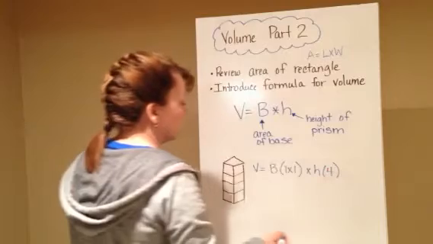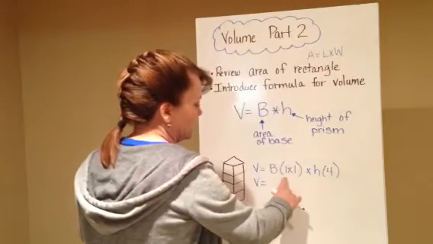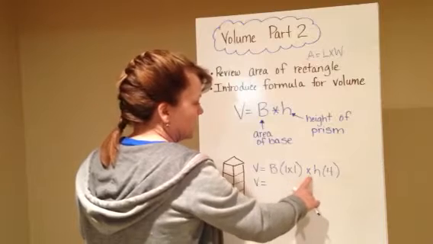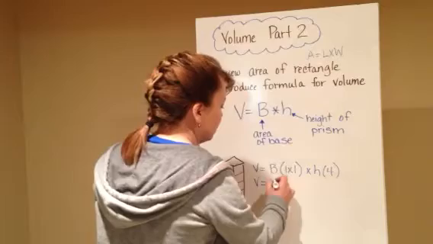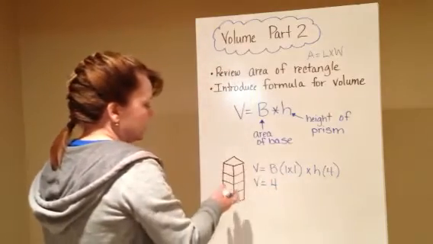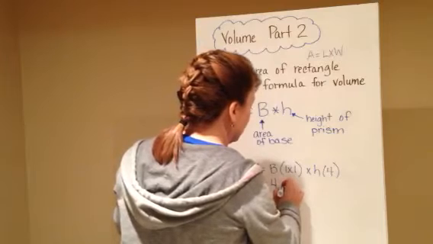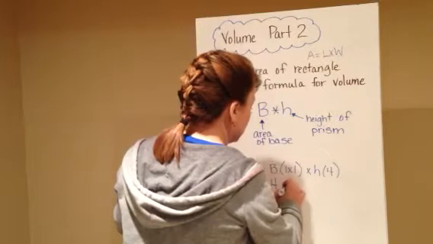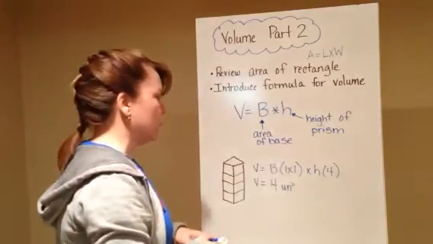That's where I'm getting those numbers from. This one is fairly easy because my answer is 1 times 4, so my volume is 4. I didn't give you a unit, but we measure in cubic units, so I'm going to put units cubed for my answer.